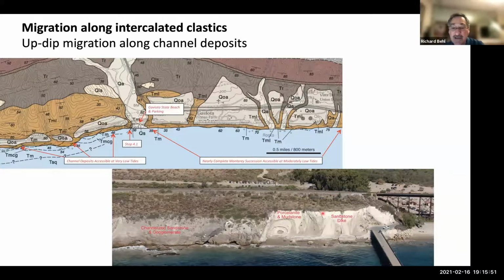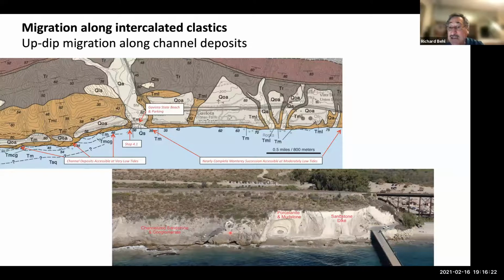And it's made up most commonly of siliceous mudstone or shale and porcelanites that are thinly interbedded with a very minor amount of dolomite, concretionary dolomite. But what's unique here, and the reason we're visiting this stop today, is there are these incised, intercalated, channelized sandstone and conglomerates that cut across the late Miocene slope as slope gullies.